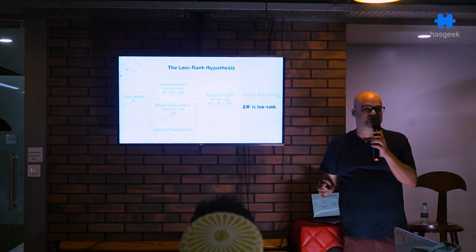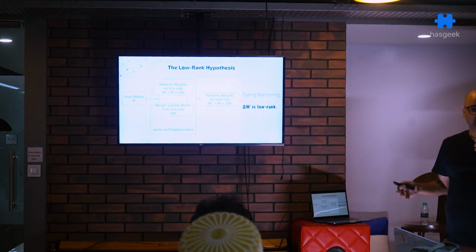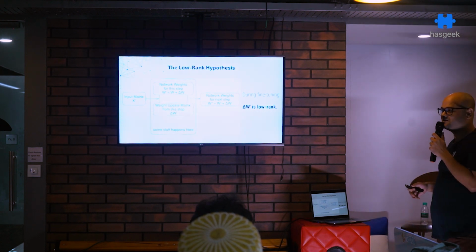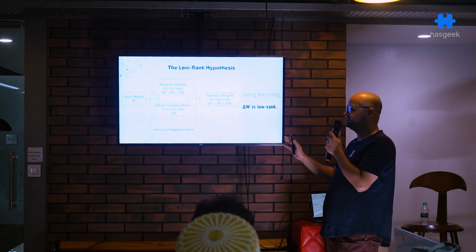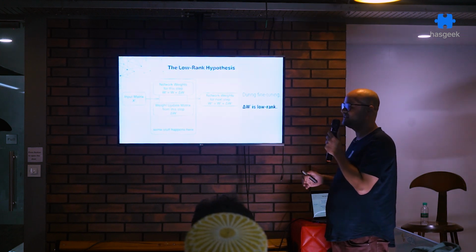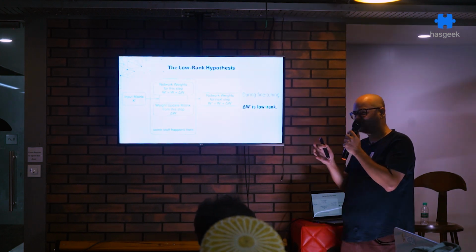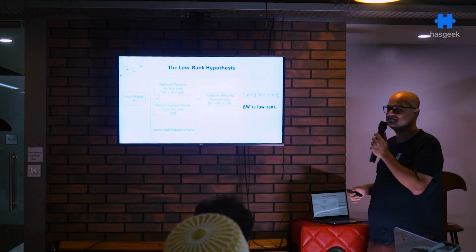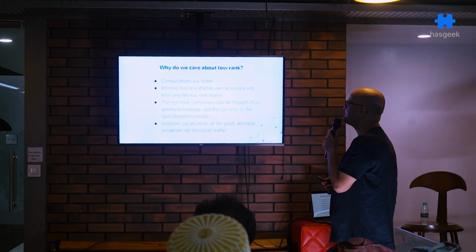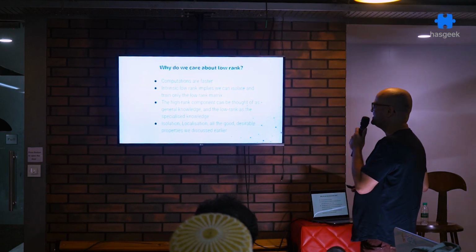It's a low rank matrix, so that we don't have to do the full computation. We can get away with doing partial computation by targeting the parameters that we care about, the ones that capture that small amount of information in that low rank matrix. Right, so that's why we care about low rank.